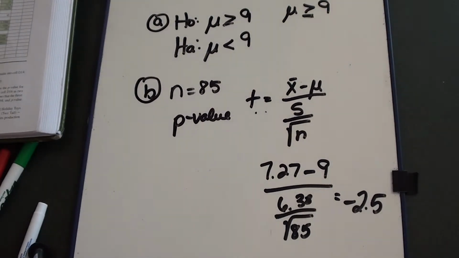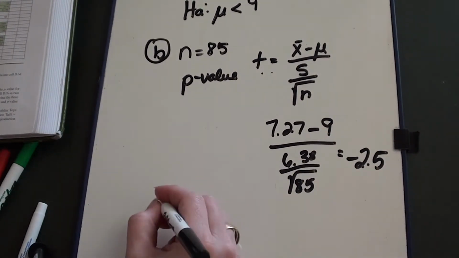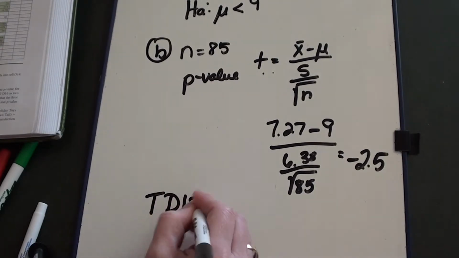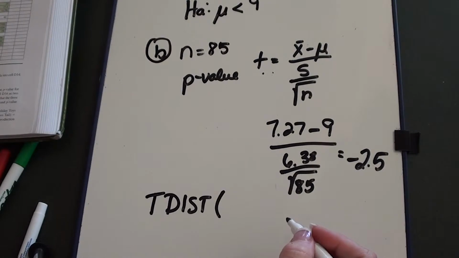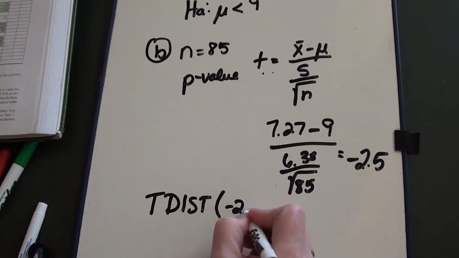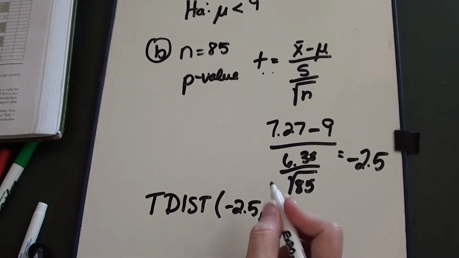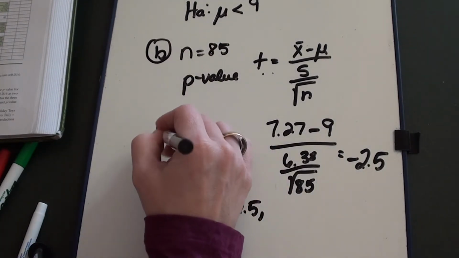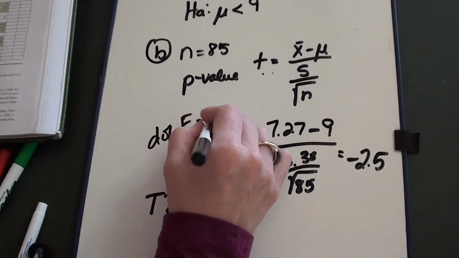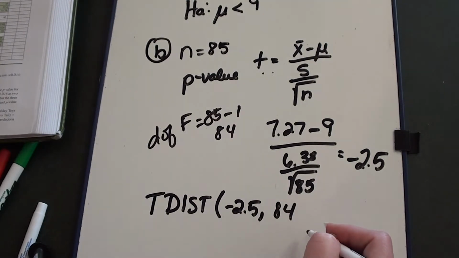It shows you there on page 376, we're going to use the function key of t distribution, and then you'll open the parentheses, and the test statistic is the number you just calculated, 2.5. Then it asks for the degrees of freedom. Degree of freedom is always your sample size minus 1. So degree of freedom is going to be 85 minus 1. So we're going to plug in 84 right there.